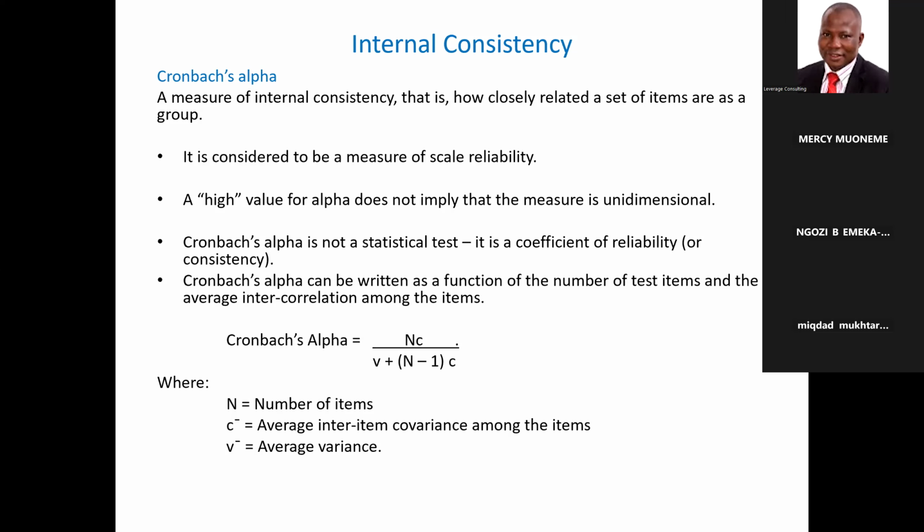If you say these 20 questions are measuring quality of life, all the questions should be saying the same thing. If somebody scores high in question 1, and somebody else scores lower in the same question, then if all those questions are measuring the same quality of life, the person who scored high in question 1 should score high in question 2.